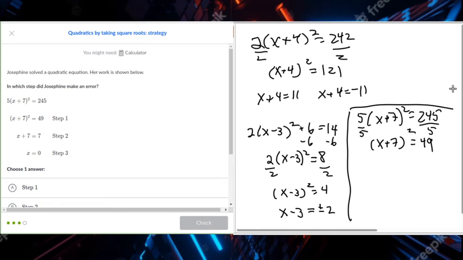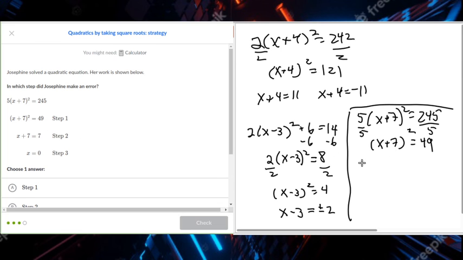I know that because 5 times 5 is 25, so 5 times 50 is 250, minus 5 is 245, so it's 49. Okay, so that looks good.